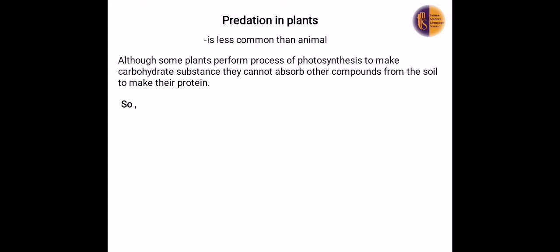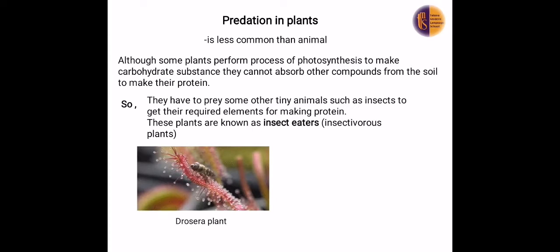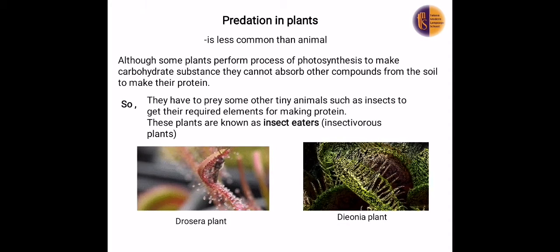So they have to prey on some tiny animals such as insects to get the required elements for making protein. These plants are known as insect eaters or insectivorous plants. Like what? Like the Drosera plant and the Dionaea plant.